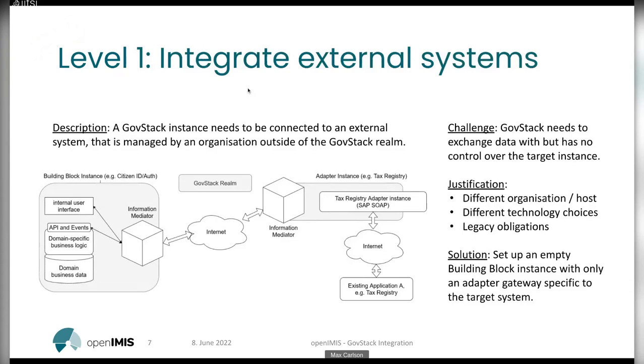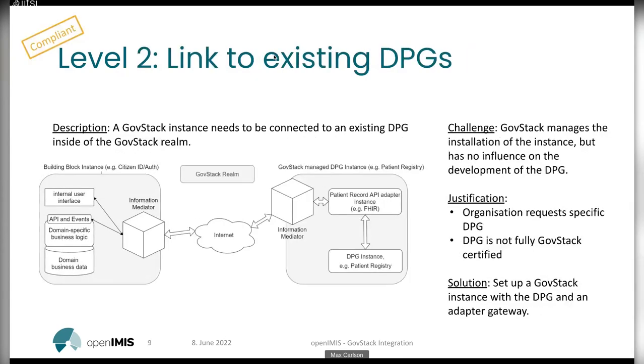Level two is when we link to an existing DPG. In this case, GovStack is managing the installation of the instance into the GovStack system, but it has no influence on the development of the DPG. So the only real requirement is that the DPG can be packaged as a Docker container.